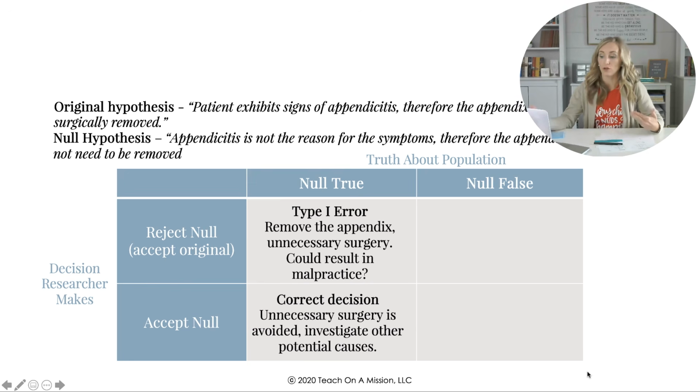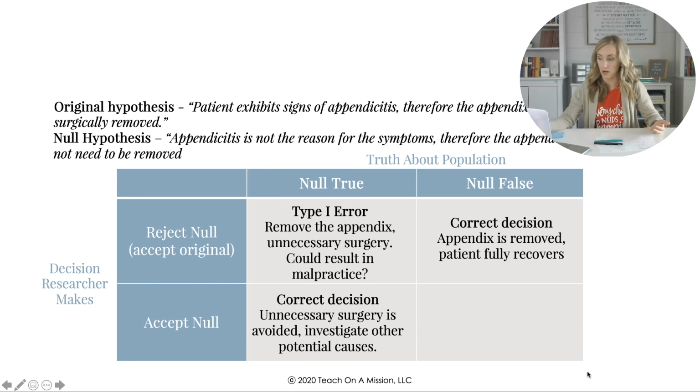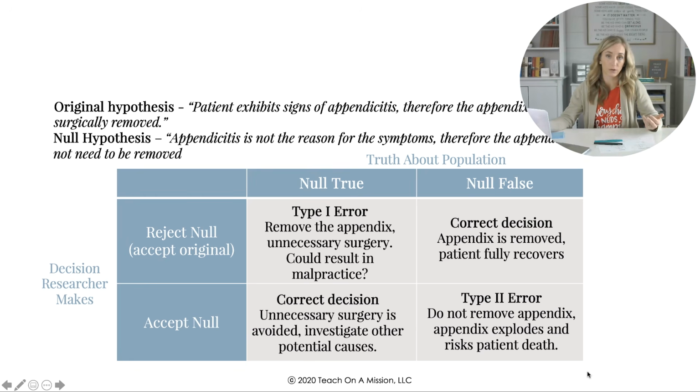Whereas here it would be the correct decision, meaning we avoided unnecessary surgery and investigate other potential causes. If the null's false and we reject the null, we made the correct decision. The appendix is removed, the patient fully recovers. In this one, we make a type 2 error: do not remove the appendix, it explodes and risks the patient's death. Okay, so this is why it's important for us to really consider a null.